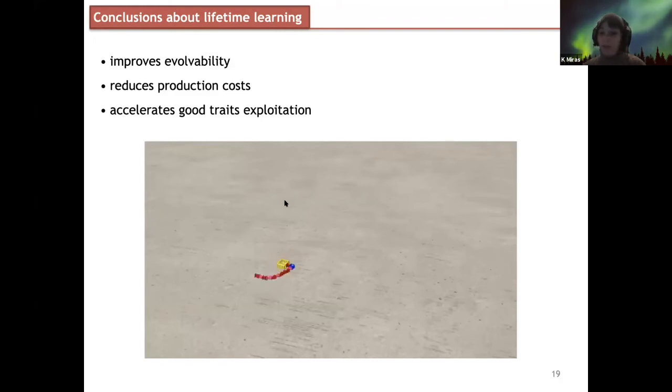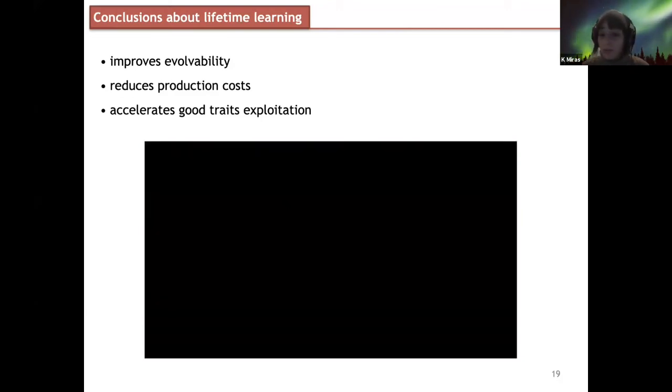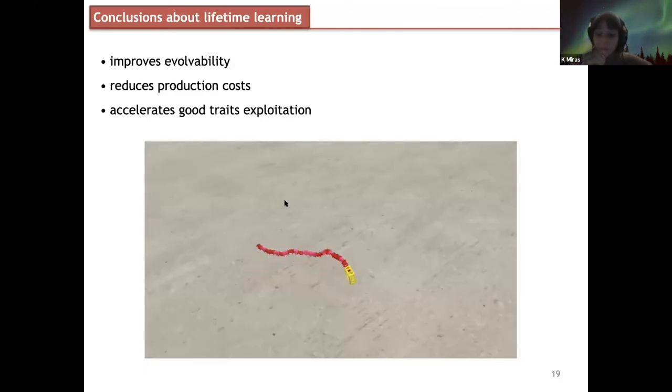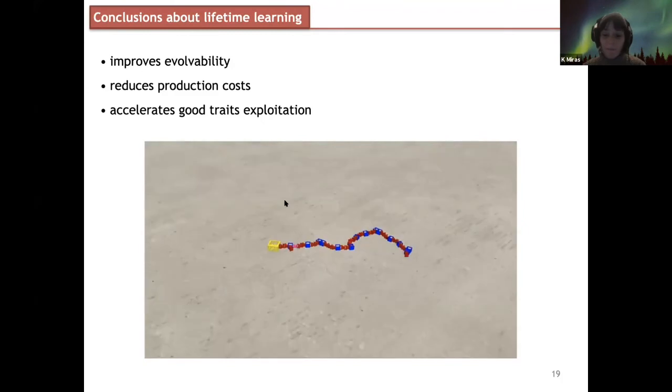So much less elegant gaits than the ones we saw before, but much faster ones. So now the learning ones, they're just growing much bigger, really, really exploiting size to just boost to the other side recklessly.